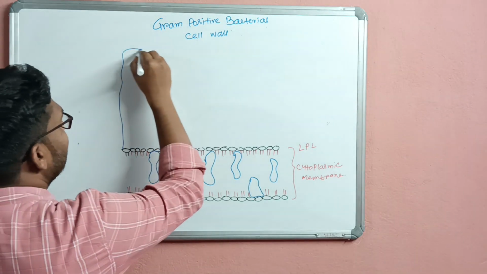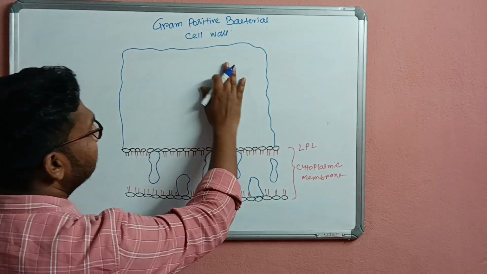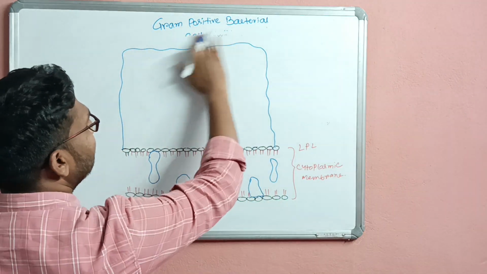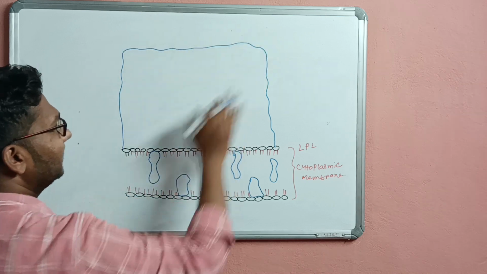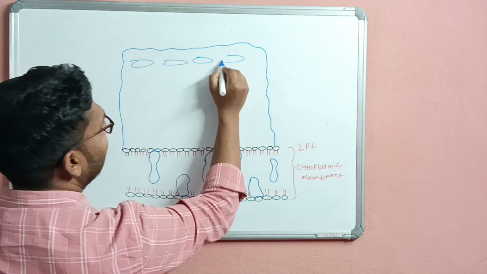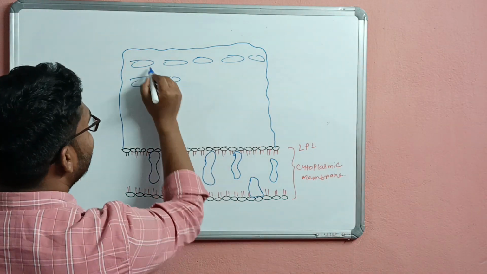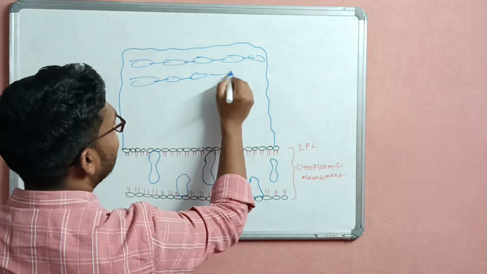So suppose this one, okay, this one totally. Here is the NAG-NAM bond, okay, like this bond is joined together, this bond is joined together like this.